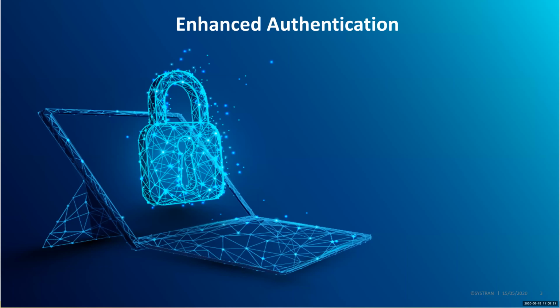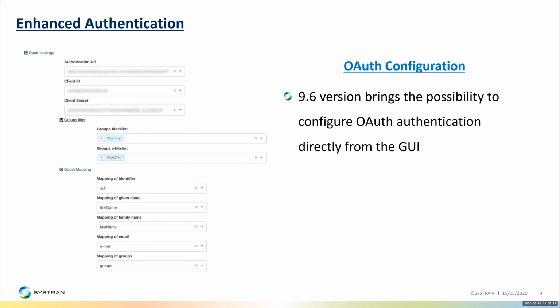So the first one is enhanced authentication. With our new version, SPNS 9.6, now there is a possibility to configure OAuth authentication directly from the GUI. So that's amazing. So what's OAuth? OAuth is a delegated authorization framework for REST API.